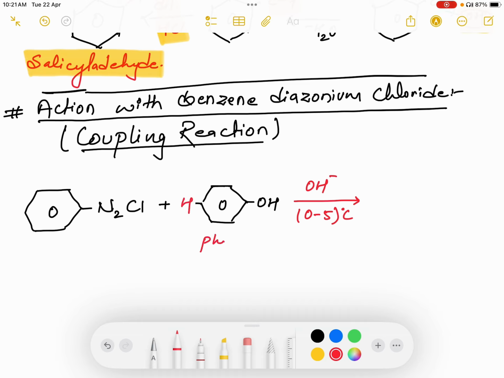So this is your phenol and this is benzene diazonium chloride.